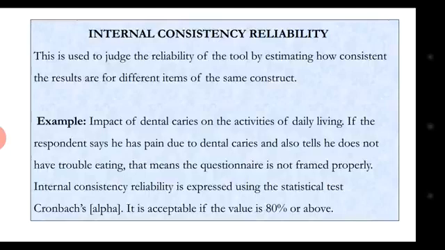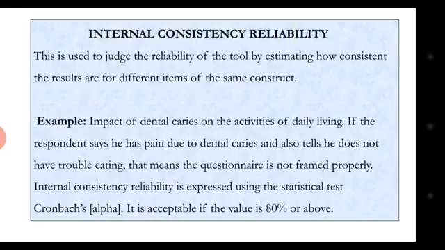So suppose you are getting such a response, do you think the question you have asked is correct? Because what are you actually trying to find? You are trying to find the impact of dental caries on the activities. This person has dental caries, but it is not affecting his daily activities because he is not having trouble in eating at all. So what does it mean here?